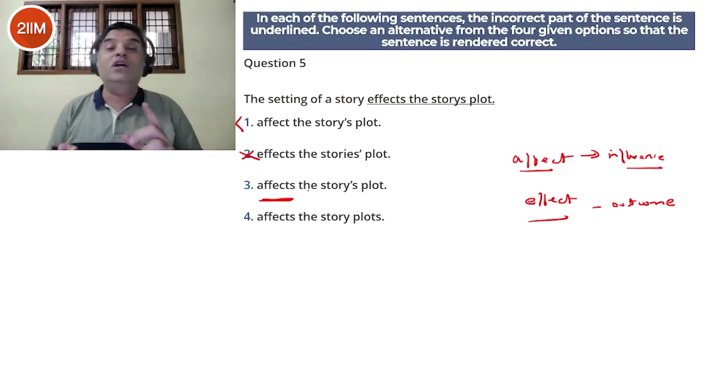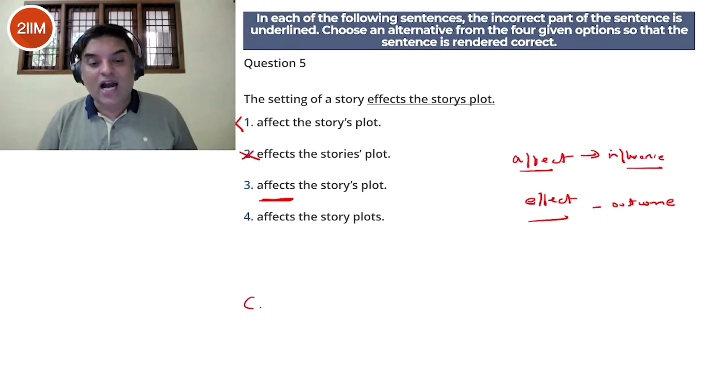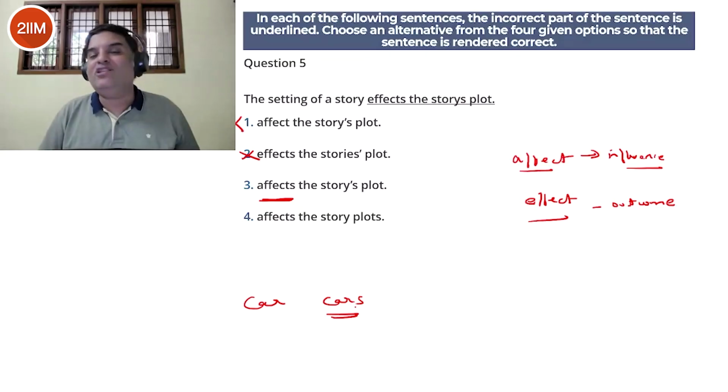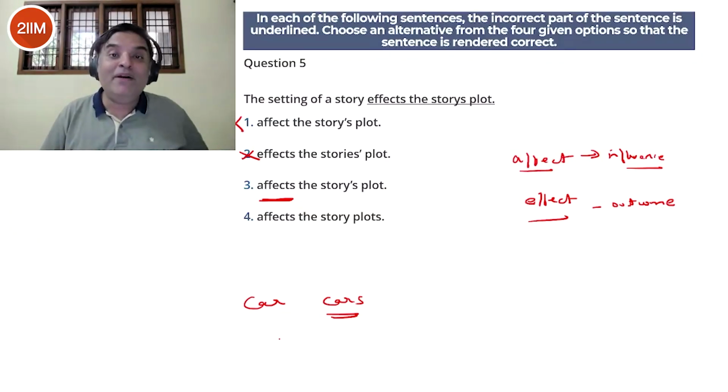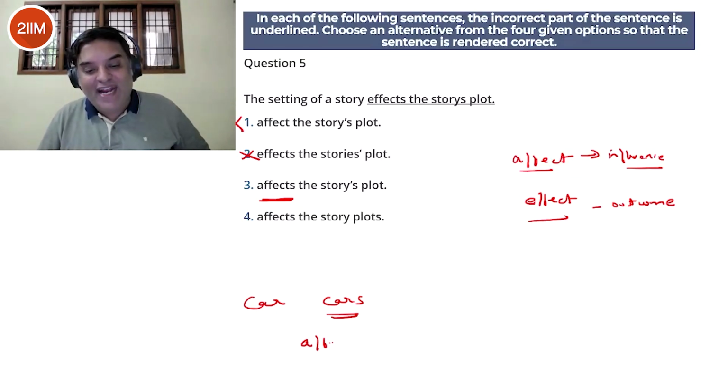Don't get confused. When you add an S to a noun, like there is car and you make it cars, it becomes plural. Adding an S to a noun makes it plural. Verbs function in the opposite way. When you add an S to a verb, it becomes singular. That's why here we're talking about affect.